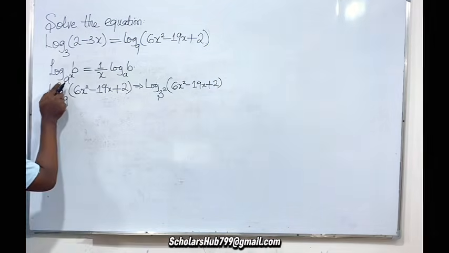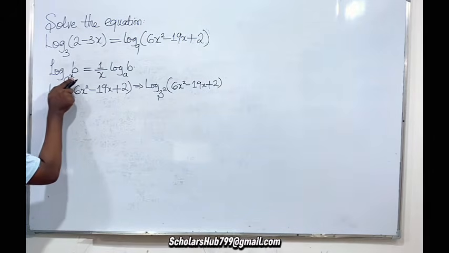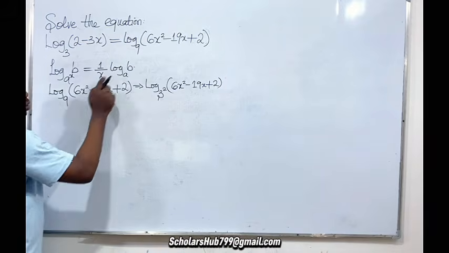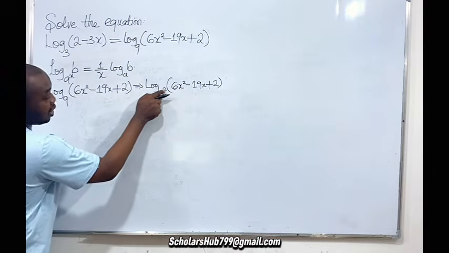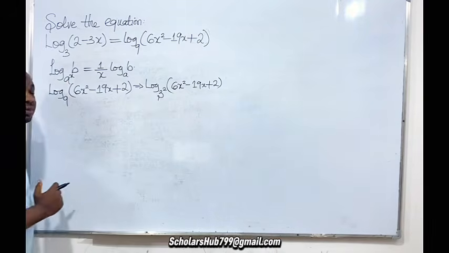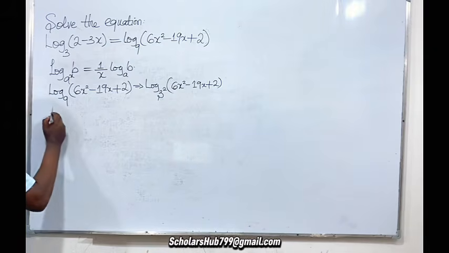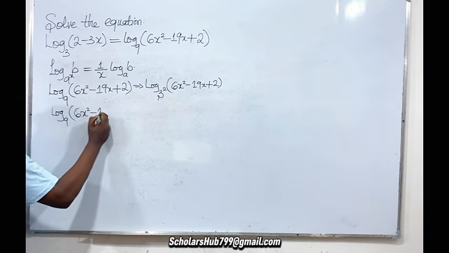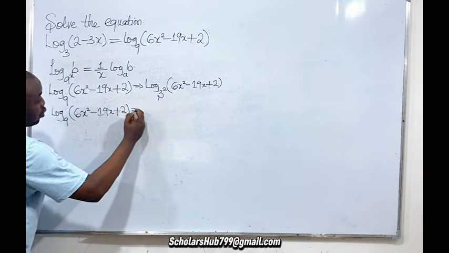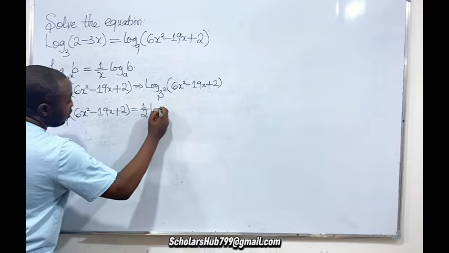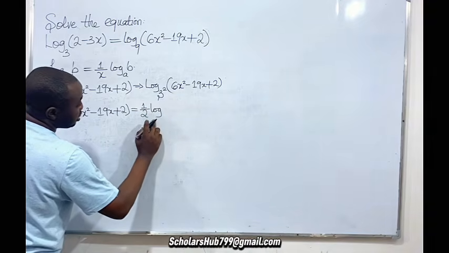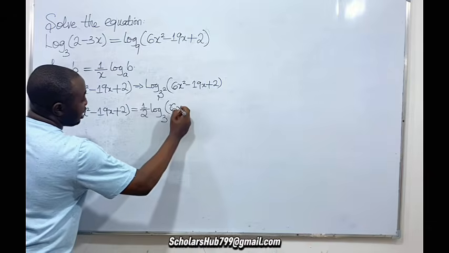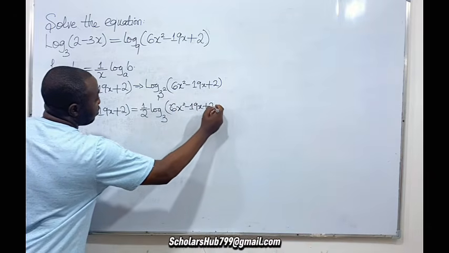So now we can apply the statement that log to base a exponent x of b is equal to 1 over x log to base a of b. Here we have log to base 3 exponent 2 of (6x² − 19x + 2). Which means log to base 9 of (6x² − 19x + 2) will be equal to 1/2 of log to base 3 of (6x² − 19x + 2).